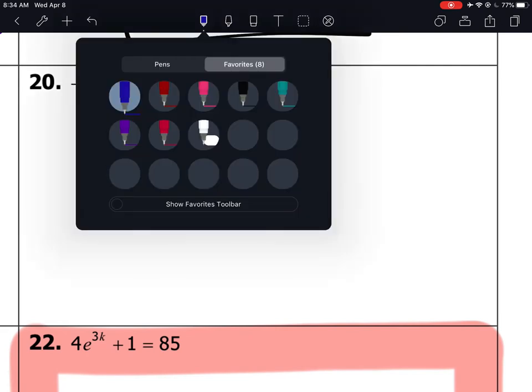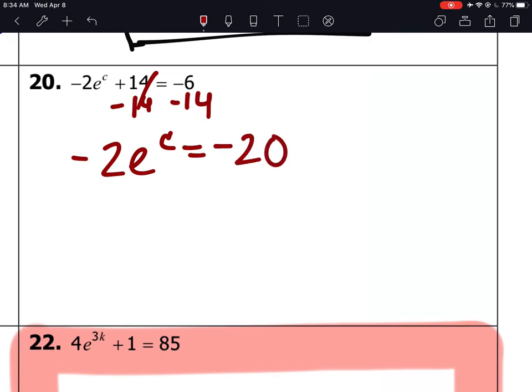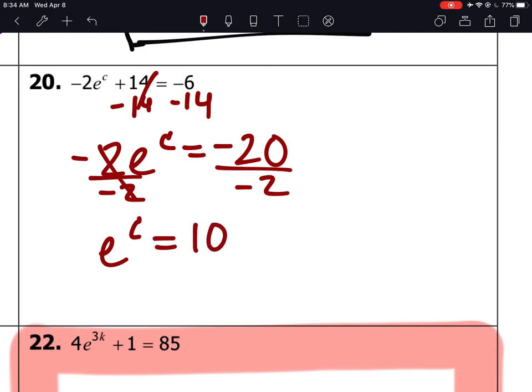Okay, number 20. Number 20 is a little more difficult. But first, you're going to take that 14 and get it out of the way. And if you do that, you're going to get a negative 20. Then divide both sides by negative 2. And you get e to the c equals 10.